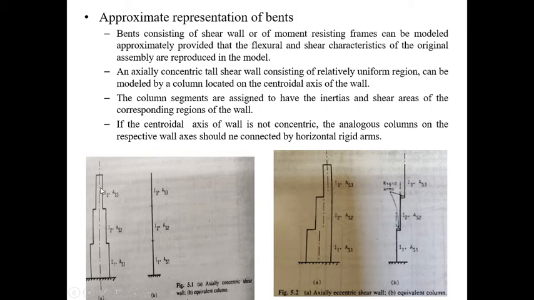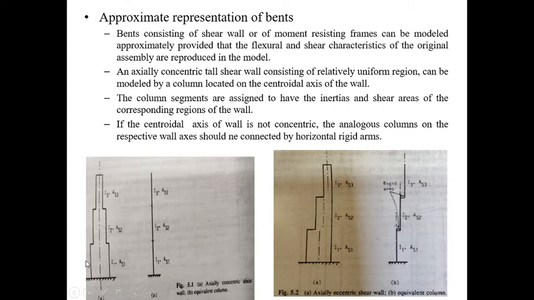You consider that it is a shear wall or a moment resisting frame, and it is modeled approximately, provided that the flexural and the shear characteristics of the original structure are reproduced in this model.